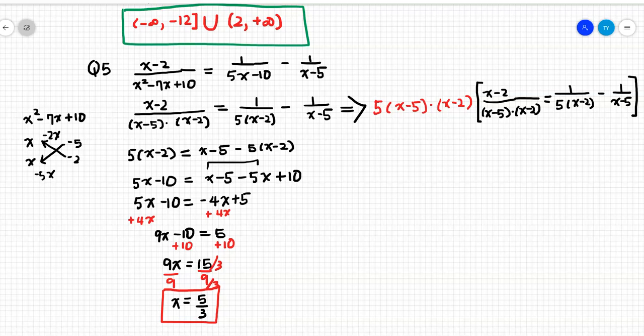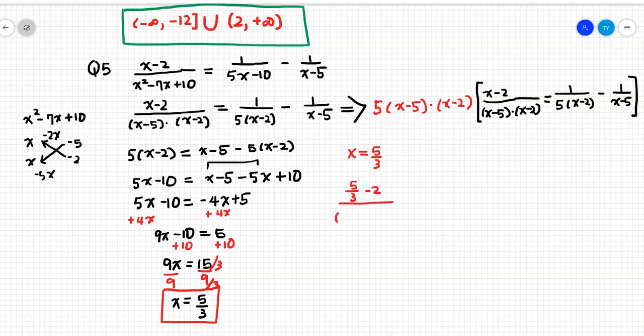I'm not actually going to go through it, but if you try x = 5/3, make sure that this does not give you an undefined value. So what you need to do here is plug this back in here.